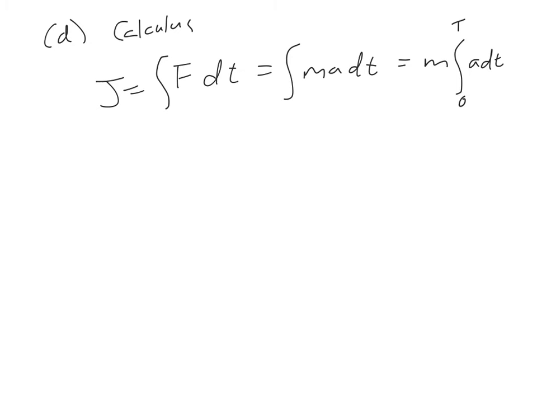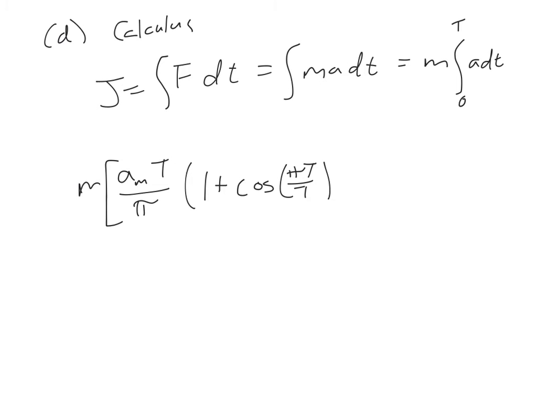Now we actually know what a is. We got it before. It was a max T over pi, and then, sorry, 1 plus cosine of pi t over T. Actually, let me rewrite this.